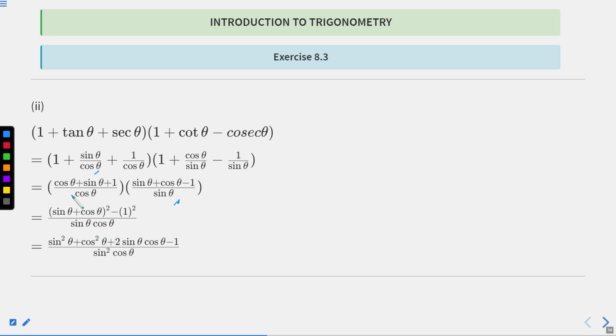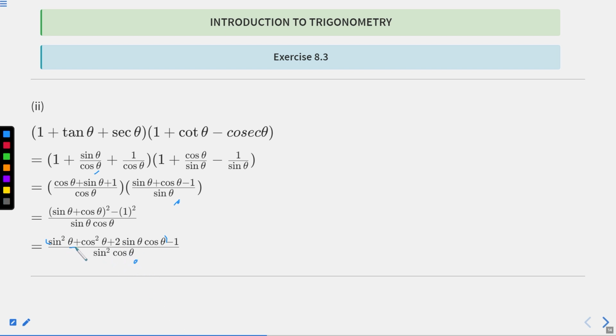If we expand sin theta plus cos theta whole square, then we get sin square theta plus cos square theta plus 2 sin theta cos theta minus 1 divided by sin theta into cos theta.